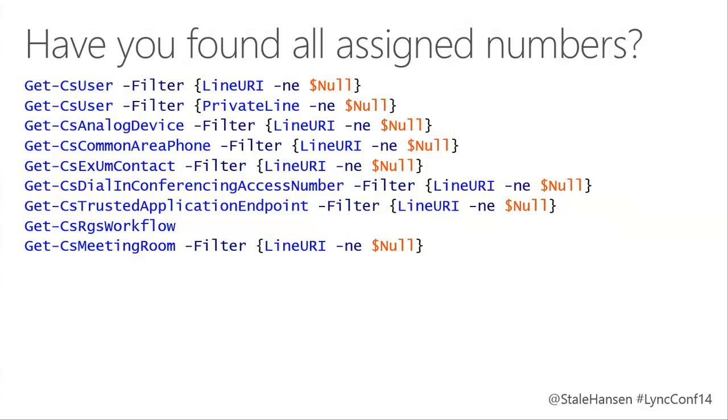And meeting rooms are the Lync Room System objects you create, and they also can have a line URI. You need to remember that. So this is a list of all the places you can find a line URI. This is not that simple to use in a one-liner, so that's why we have created some scripts for that.